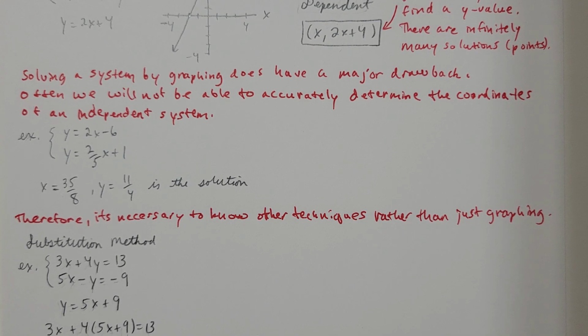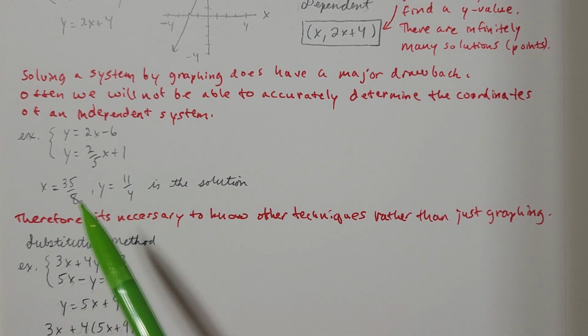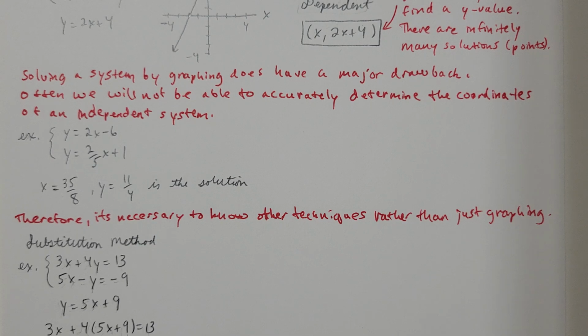You know, so seeing this point would be kind of difficult on a graph. Okay, so therefore it's necessary to know other techniques rather than just the graphing method. In fact, some books don't even teach the graphing method, just because of these oddball answers.